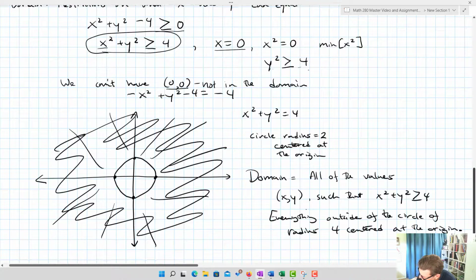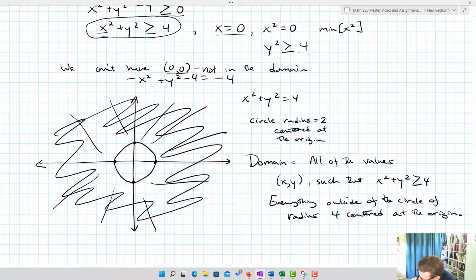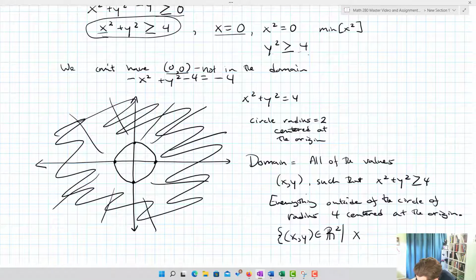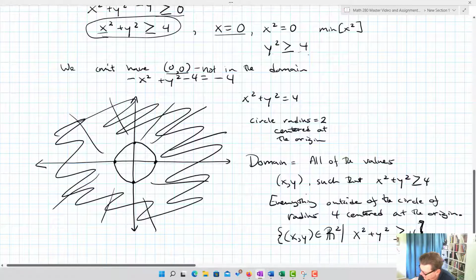By the way, you might actually see this written in something called set builder notation, and that's going to be the set of all (x, y) belonging to R2 such that x squared plus y squared is greater than or equal to 4. And that's actually how we write that. And so you're going to see that inside of the writing as well.